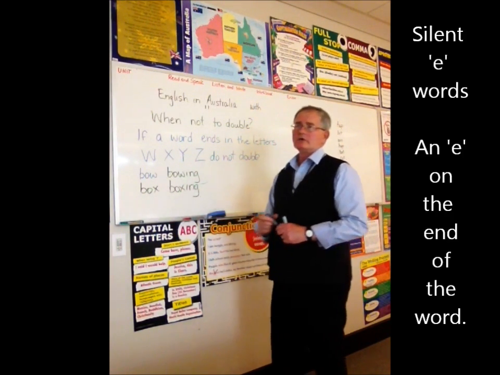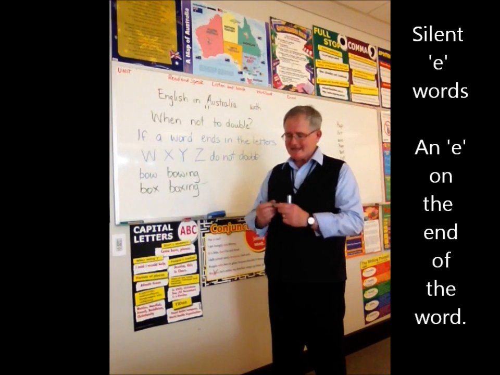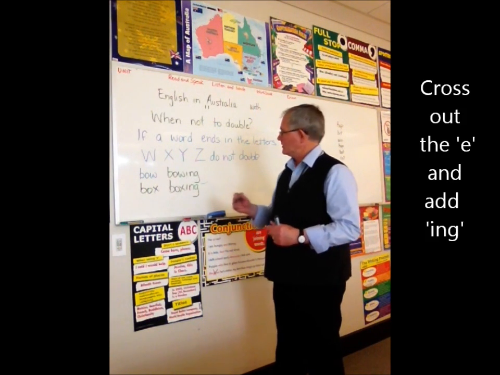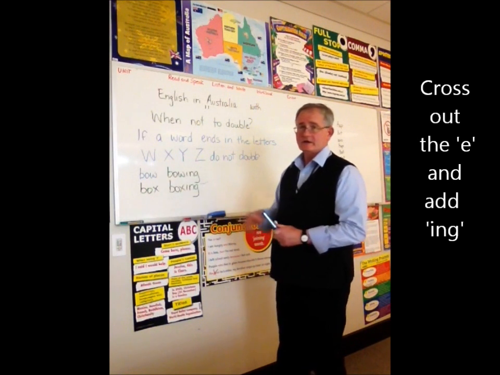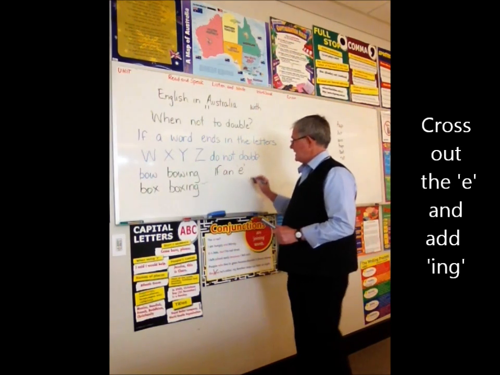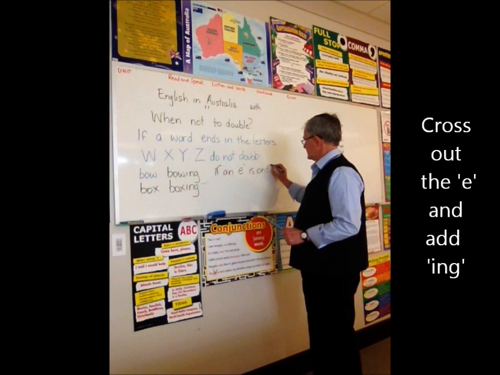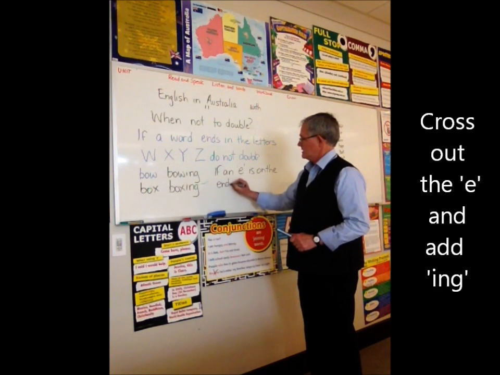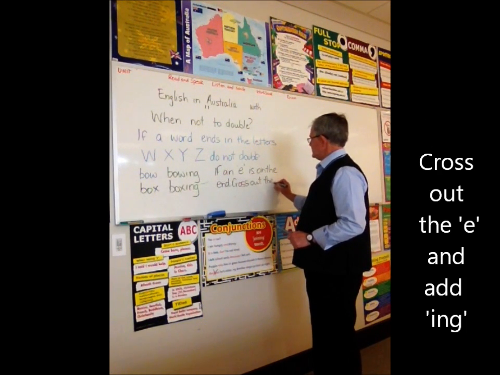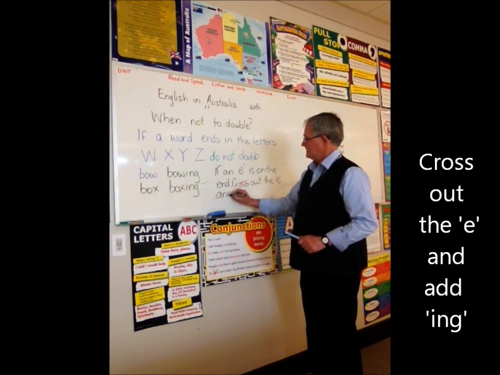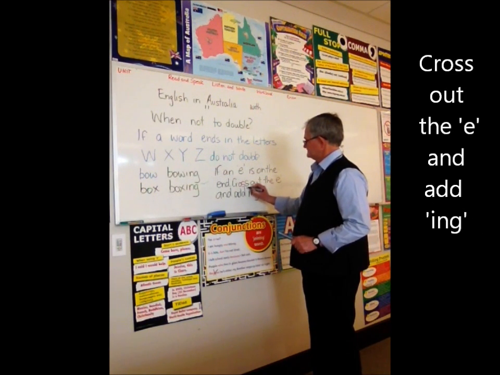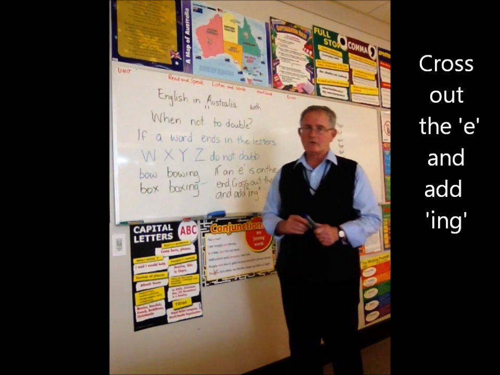If a word has an E on the end of it, all we do is delete the E, cross out the E and add ing for the continuous form.